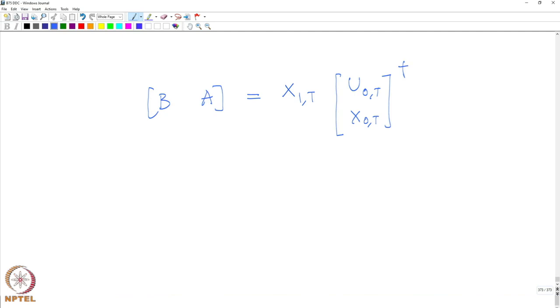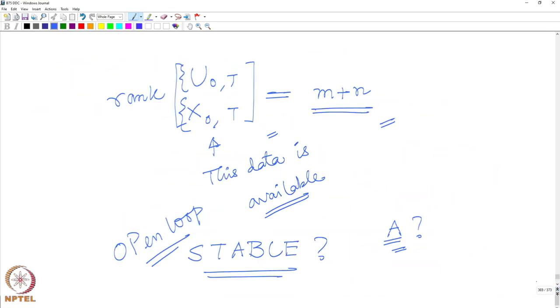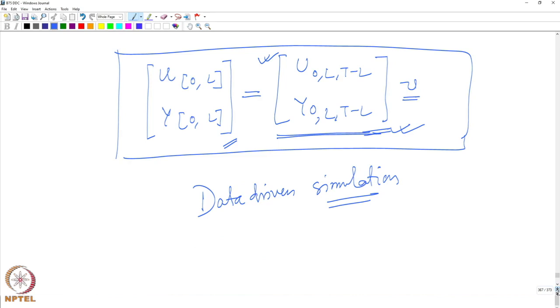Okay. Now, once I have that as my B A, I can just read off B and A, and I have identified the system. So, this is identification, and it is no wonder that I am able to identify this, because I have assumed that the system is persistently exciting of order n plus 1, and because it is a first order system, its lag also is n.